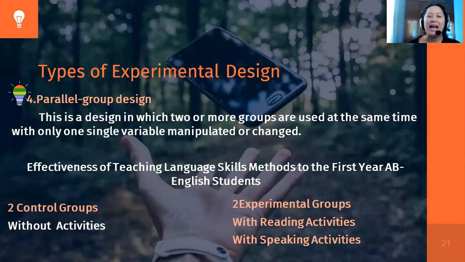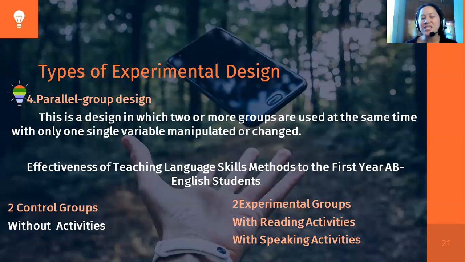Next, we have parallel group design. So you will say parallel group experimental design. So how will you say it in your research? This research utilize a parallel group experimental design. So that one you will define what is parallel group experimental design.